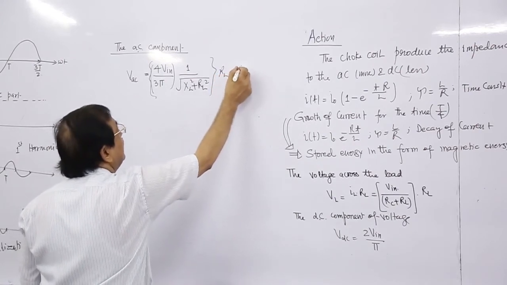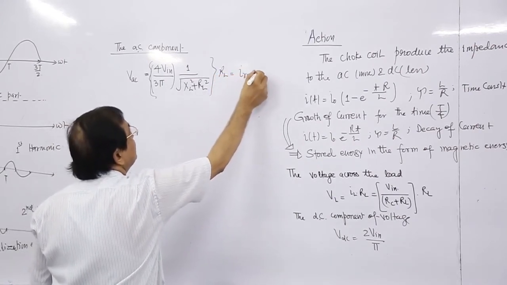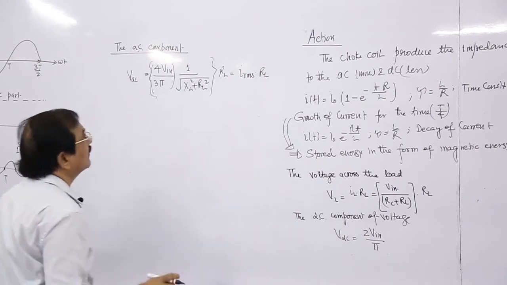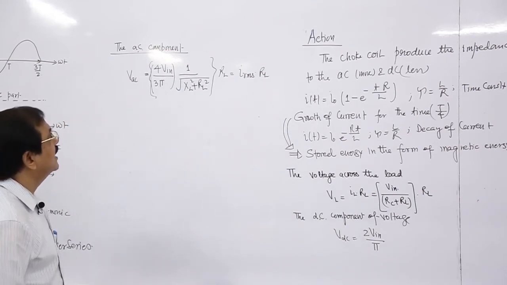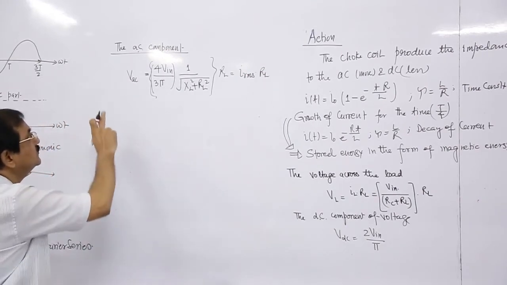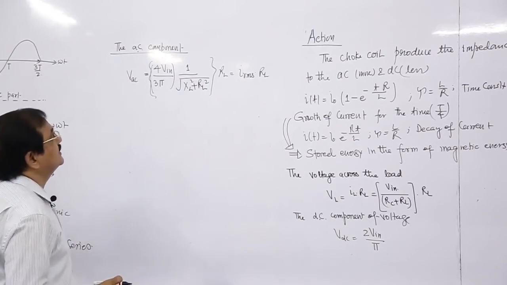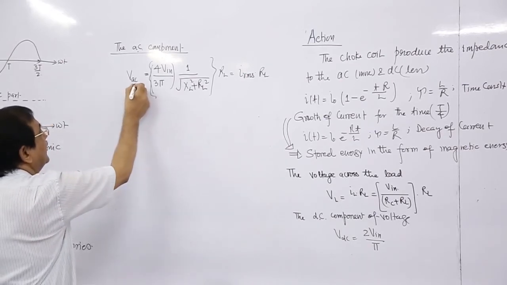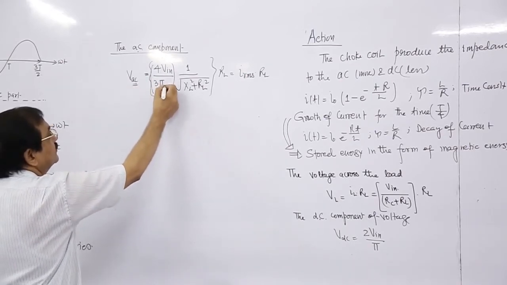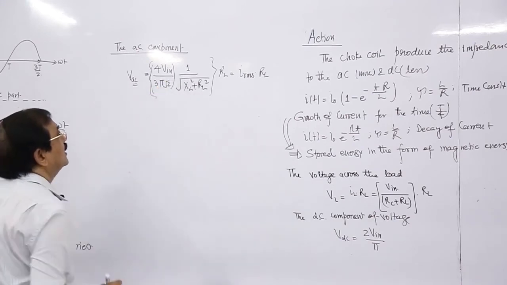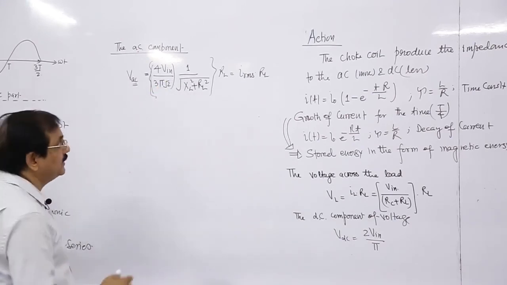That is IRMS into RL. So this is your AC. And for making this RMS, we have to divide by root 2.